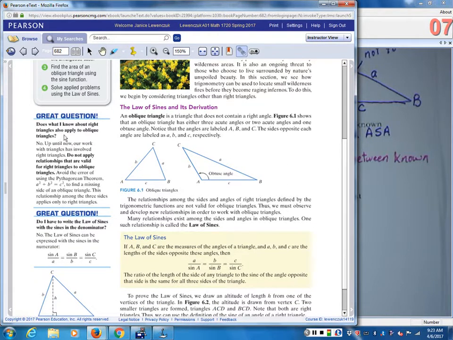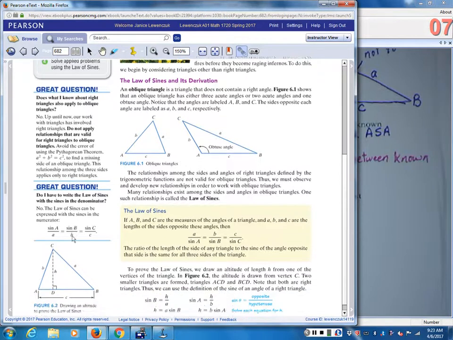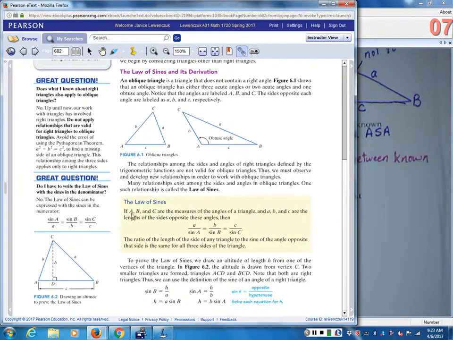So here it says, again, the book is telling you, do not apply the relationships for right triangles to oblique triangles. Don't use the Pythagorean theorem to find the missing side. And then here's another hint they tell you: do I have to write the law of sines with the sines in the denominator?